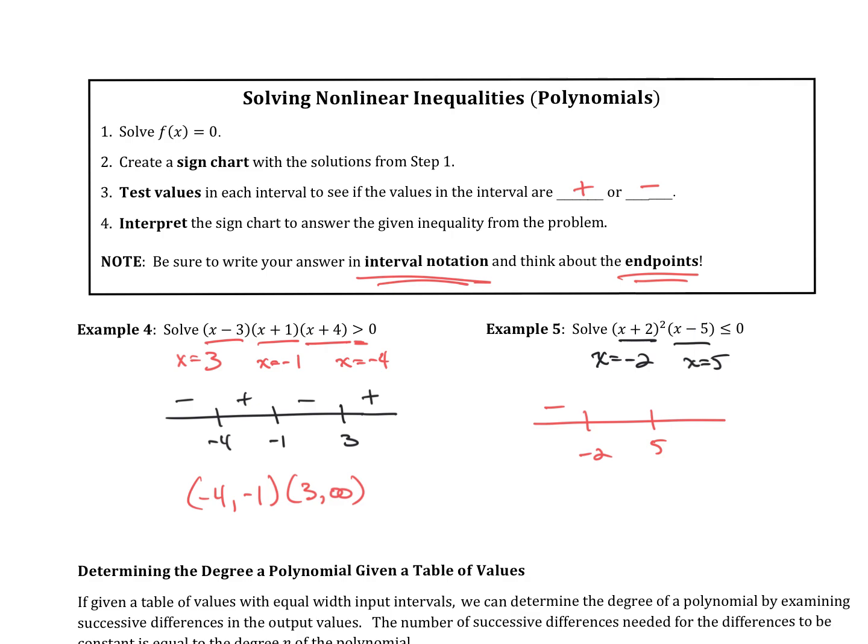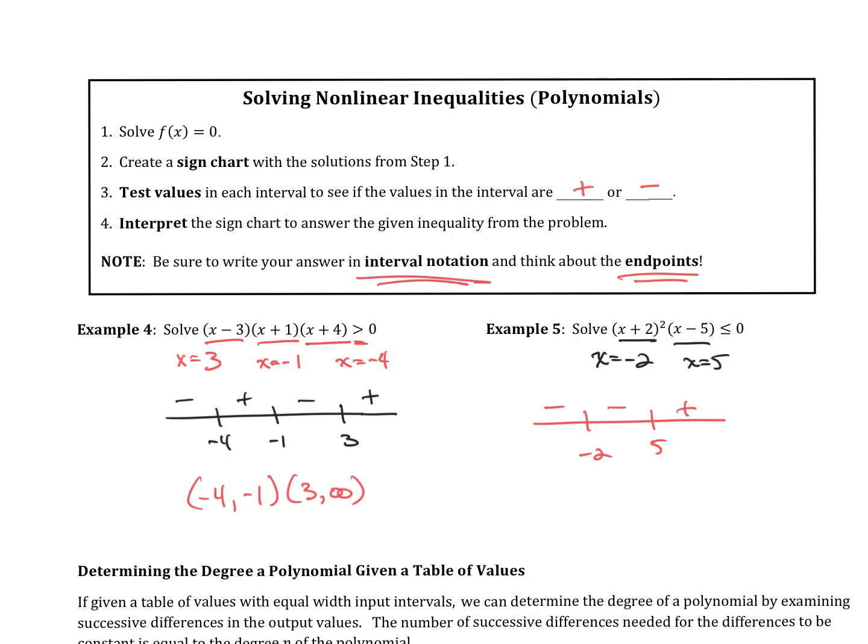A negative, which is what? Negative. Substitute in something more than 5, so like what? 6. So this part is going to be positive. This part's going to be positive still. This part's going to be what? Positive. So a positive times a positive is going to be what? A positive.